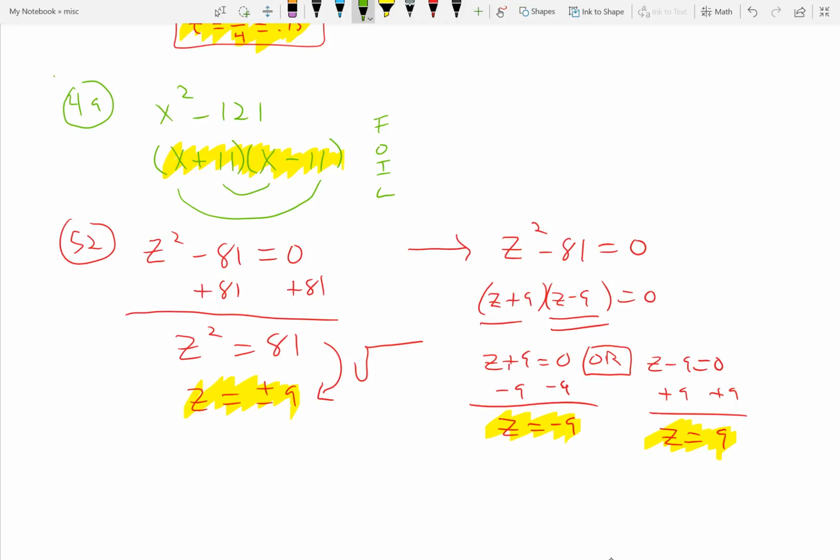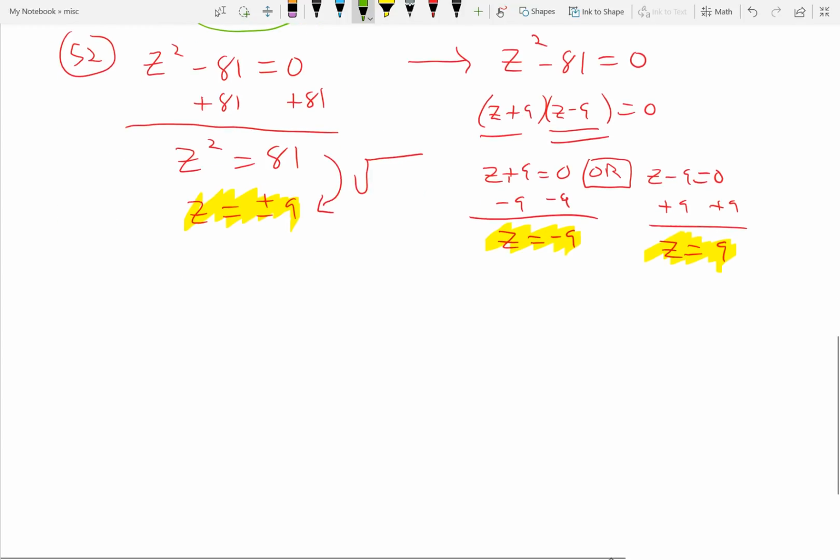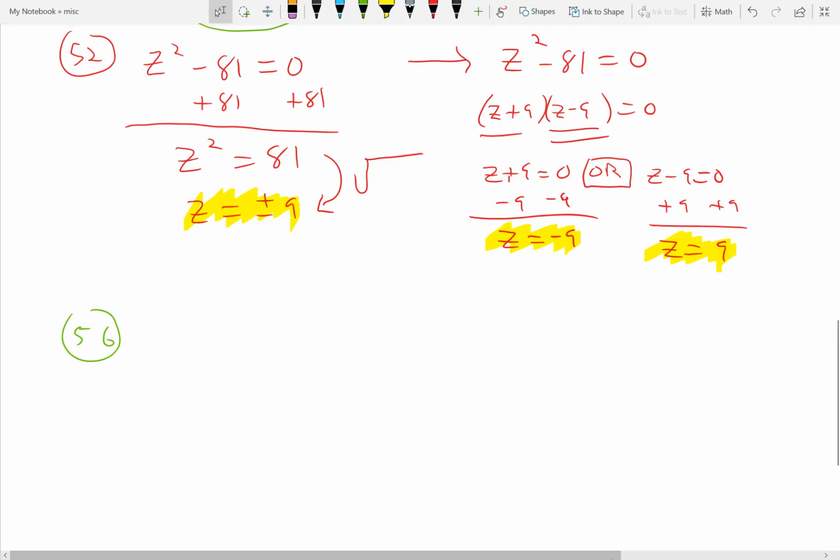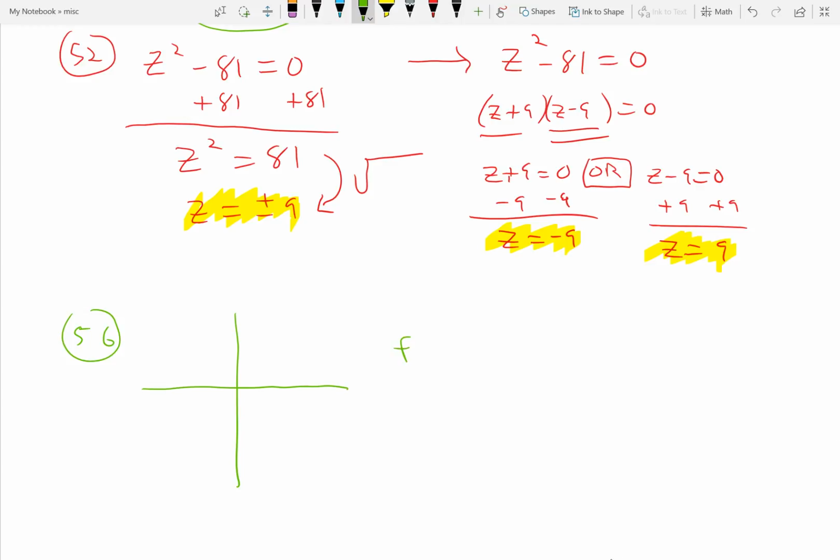Okay, these next several are asking to graph functions and compare them to the function f of x equal x squared. 56. So each one of these, we're going to start by graphing what's called the parent quadratic function, f of x equals x squared.